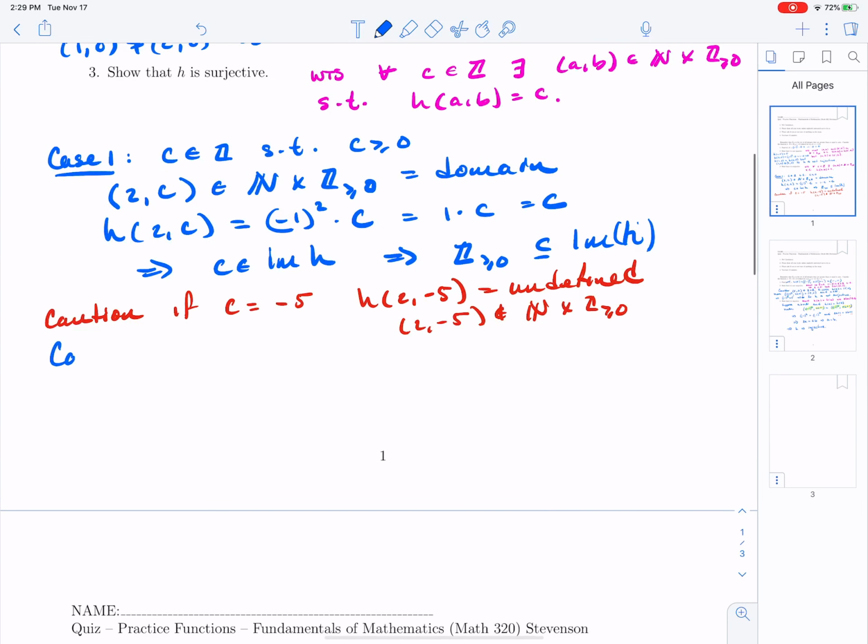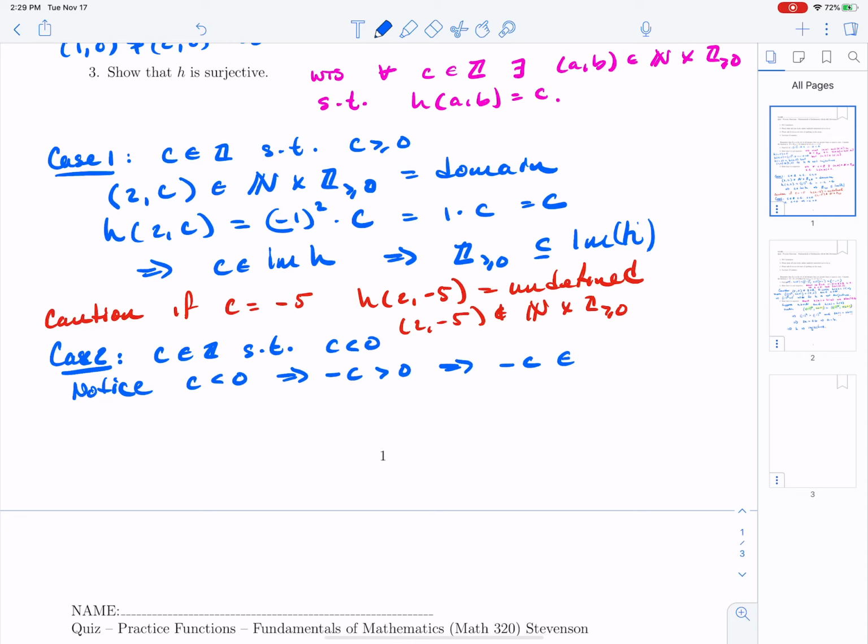So case 2 is when c is an integer such that c is negative. Well, in that case, notice, since c is less than 0, that tells me that negative c is greater than 0, which tells me that negative c is in the set greater than or equal to 0.